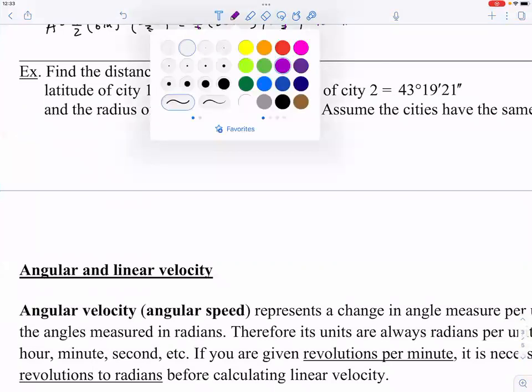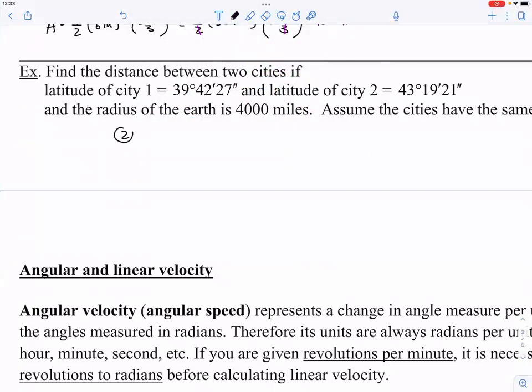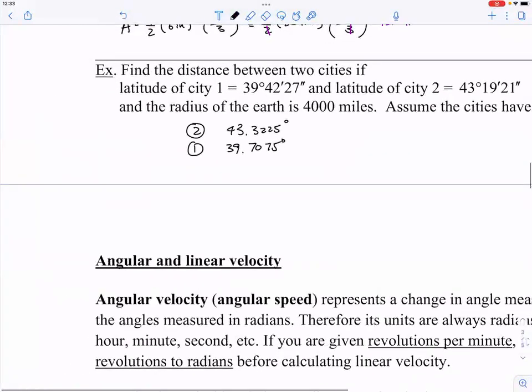So city 2 is 43.3225 degrees. City 1 is 39.7075 degrees. Now, why do we care about these two? Well, last time I checked, the Earth is round, it's a sphere, not flat. And so what's happening is this.